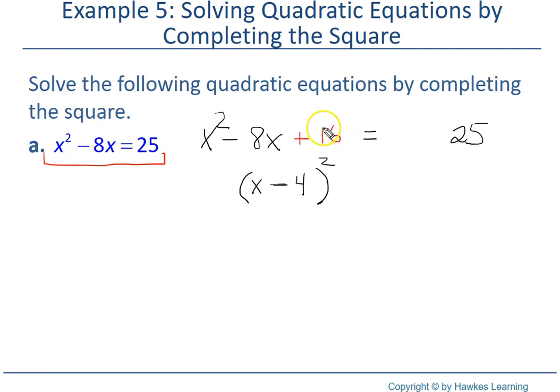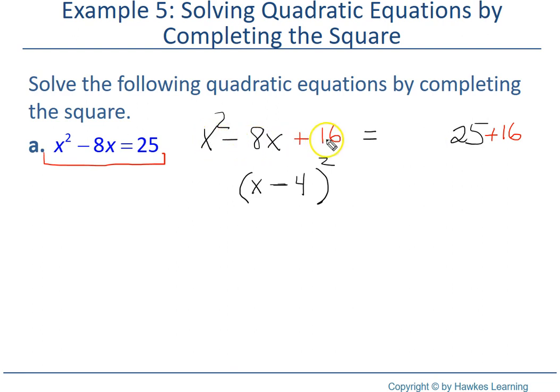But once I put a 16 on this side, this is no longer an equation, because this side doesn't equal that side anymore. So to keep it equal, I have to add 16 to the other side. Now it's an equation again.